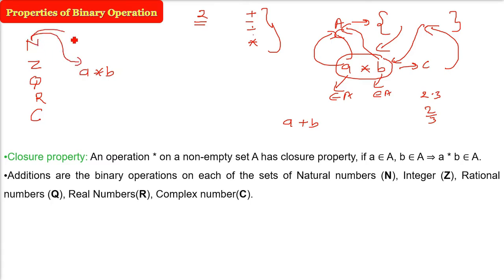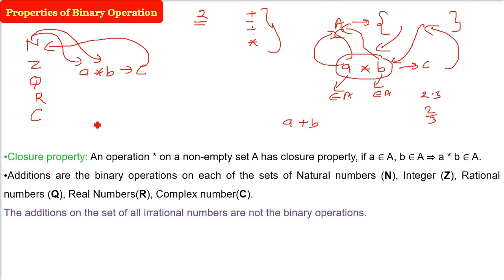The first value we have taken from natural numbers, the second value also from natural numbers, and when we add these two values, the resultant value should also come from the natural numbers. So the addition for all these is true, but not for irrational numbers. The addition on the set of all irrational numbers is not a binary operation, right?